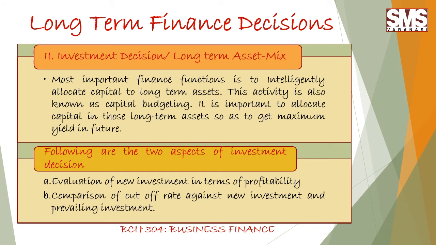And the investment decision is important not only for setting up new units but also for the expansion of present units, replacement of permanent assets, research and development, project cost, and reallocation of funds. So apart from setting up new units, certain decisions for the expansion of present units are also taken here under investment decision.